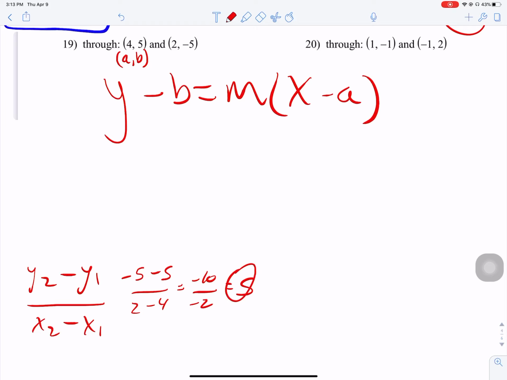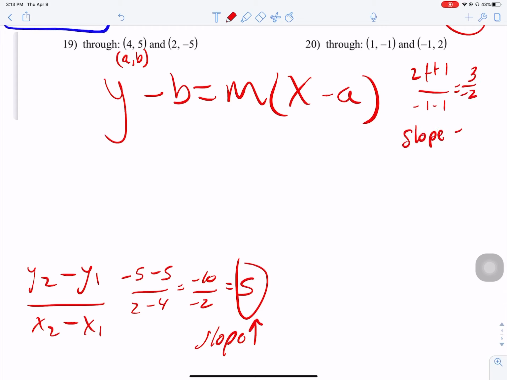That's the slope, 5. Over here, it was 2 minus negative 1 over negative 1 minus 1, which was 3 over negative 2. Slope was negative 3 halves.